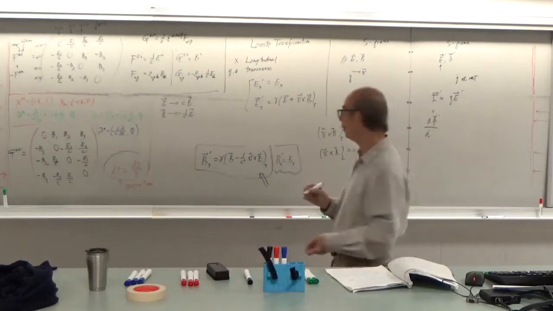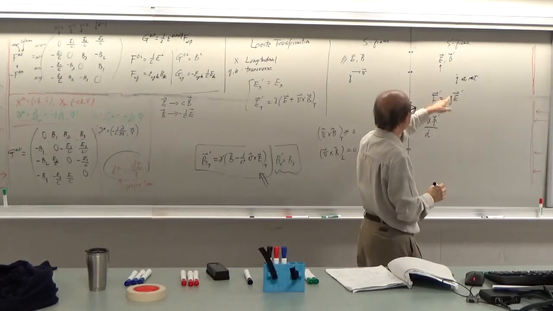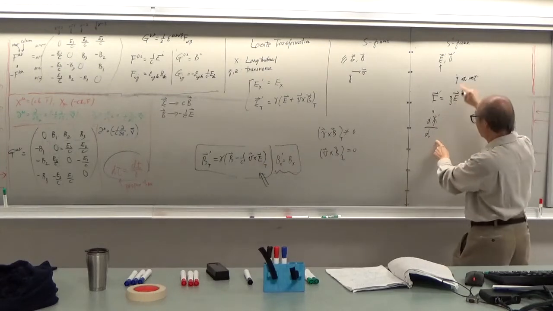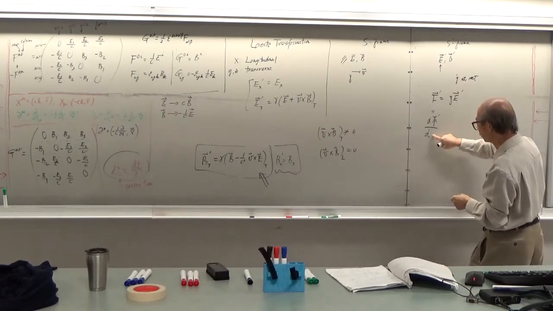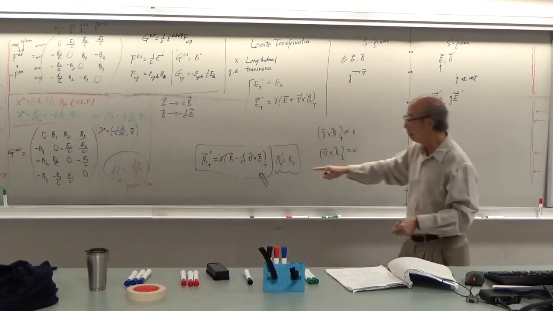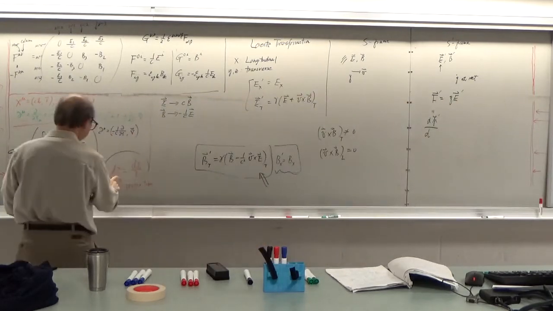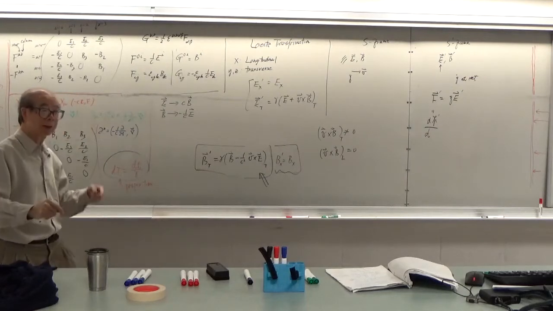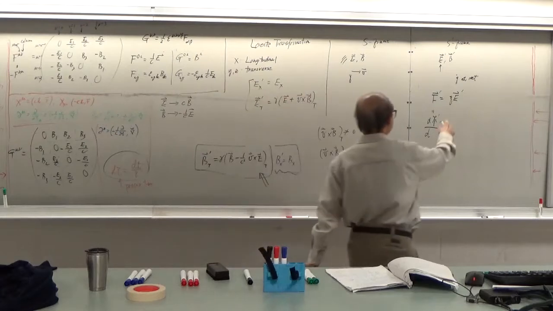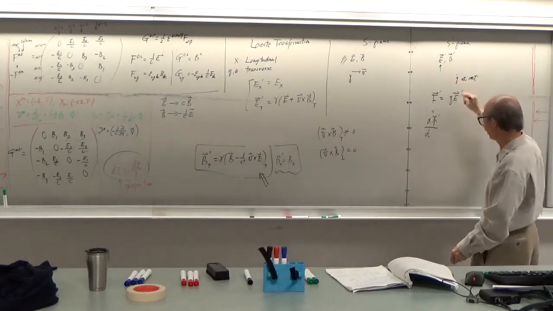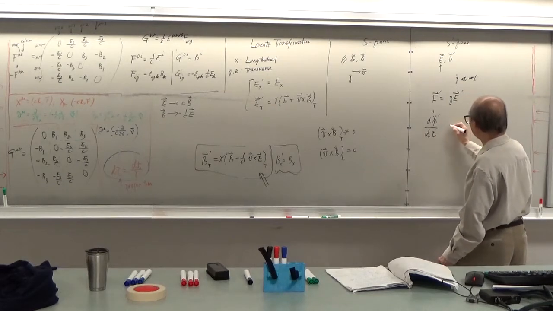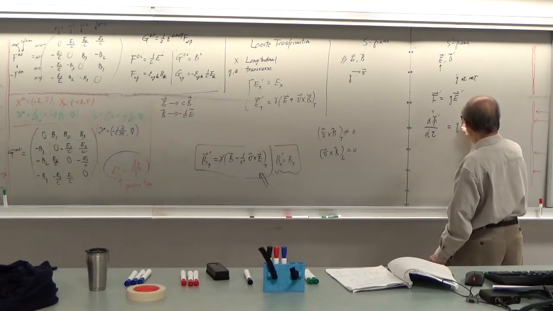What's the time? In this prime frame, where the charge Q is at rest and this force is acting on Q, the proper expression for time would be the proper time, d tau. Proper time, you remember, is the time as seen in the rest frame of the system, and the system here is the charge Q. So in fact it's dP prime by d tau, and this is equal to Q E prime.